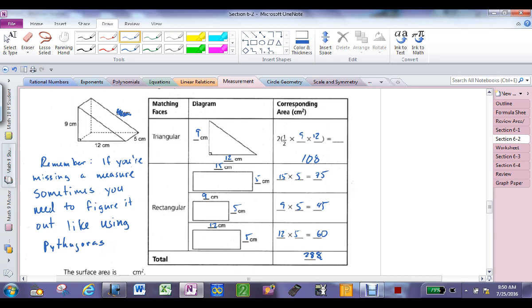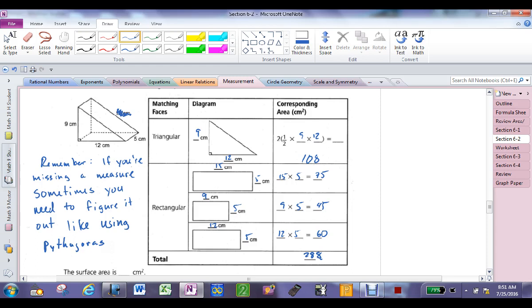Okay? Everybody good? Great. Okay. This one. A square? No. Rectangle? It's not a rectangle. It's a prism.